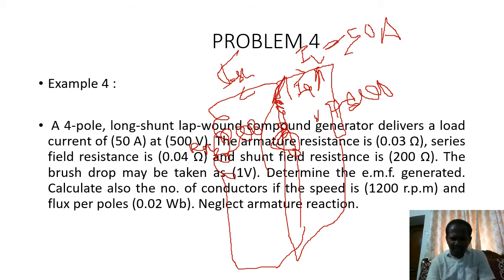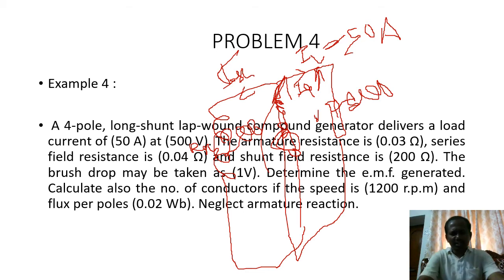There are two brushes connected, and the brush contact drop is also given in this problem, that is 1 volt. Now you can determine the generated EMF, and also calculate the number of conductors if the speed is 1200 rpm. The flux per pole pi is also given, 0.02 webers. Neglect armature reaction. So this is the problem.